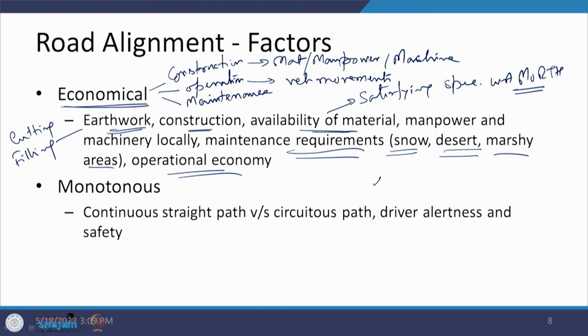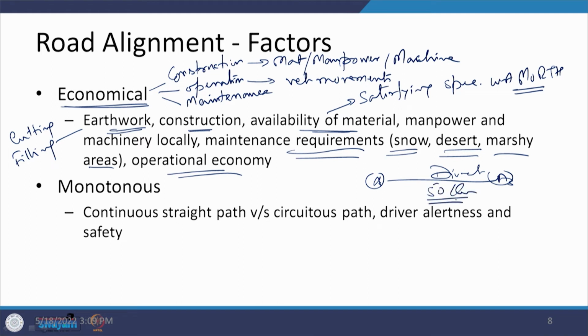Now, when we say that we are going to provide an easy, short, economical, traffic oriented facility, and we have said that we should try to provide a connectivity from A to B which is direct in nature, say this is something like 50 kilometers.